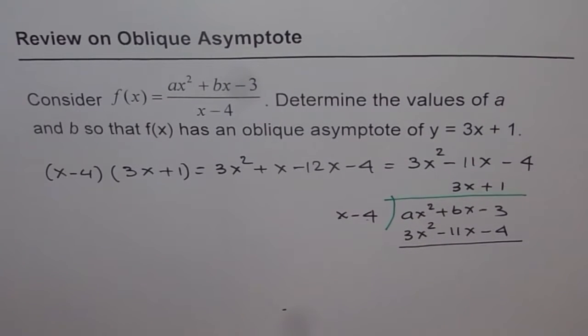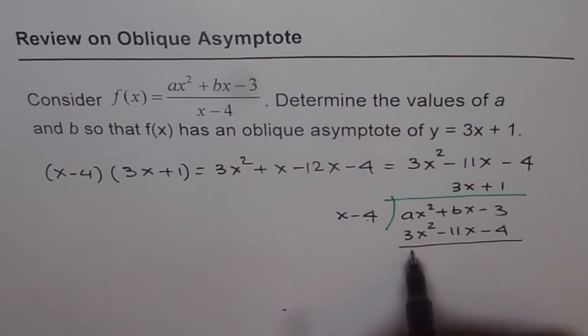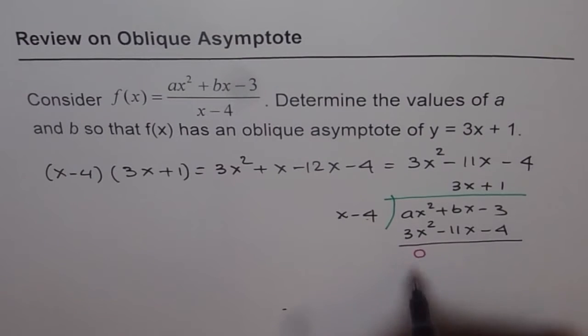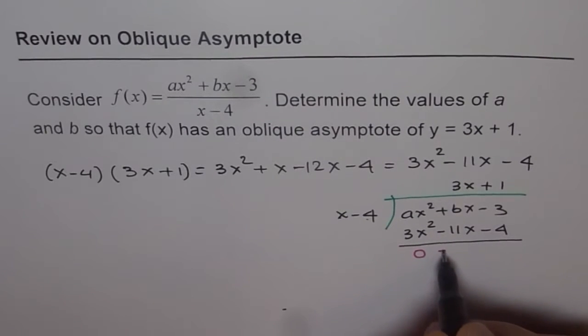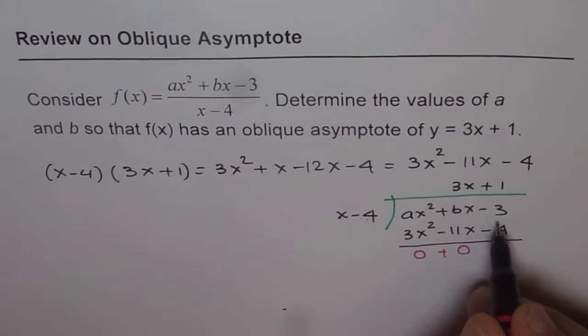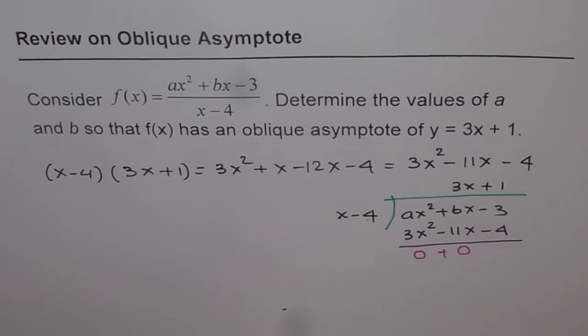Now from here you can find the value of a and b, correct? What should be the value of a and b? Can you tell me now? So a should be 3, right? Only then you get 0 here. We need to get 0 here, correct? And we need to get plus 0 here also, right? These are the numbers, and we can get any number here.